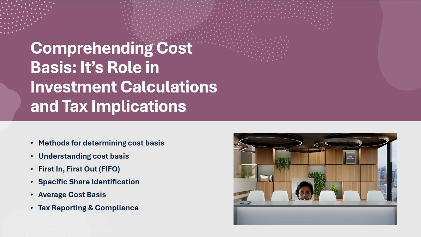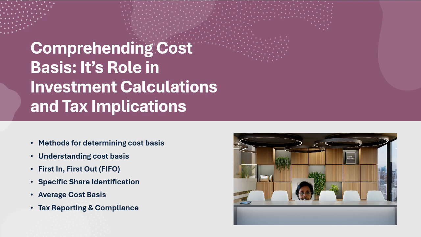If you initially paid $100 for a single share and the company executes a 2-for-1 split, your new cost basis would be $50 per share, although the total remains the same. Additionally, reinvesting dividends increases your cost basis as you purchase more shares.